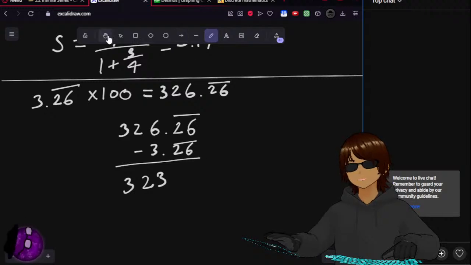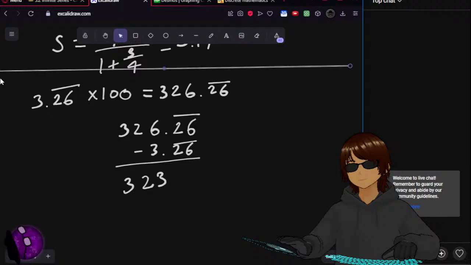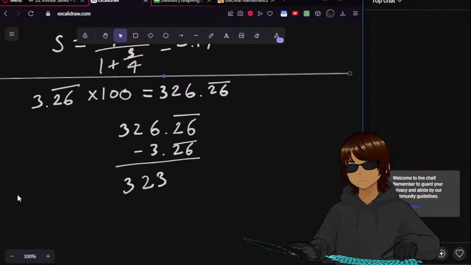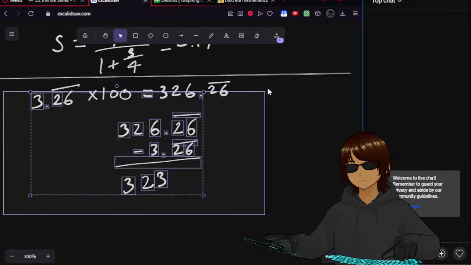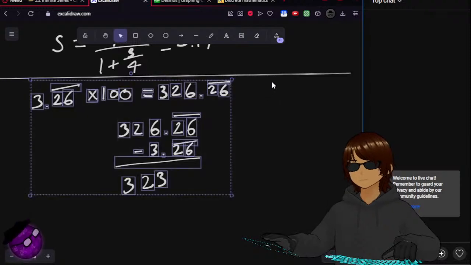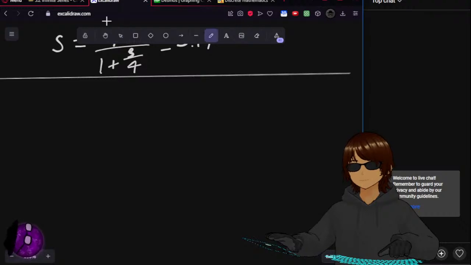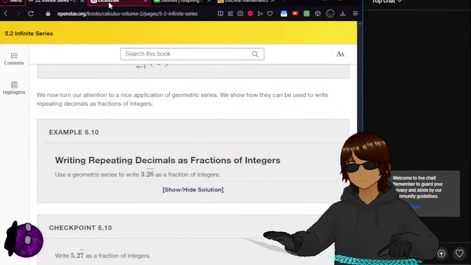Okay, anyways, let's just use a geometric series. So use a geometric series to write 3.26 as a fraction of integers.